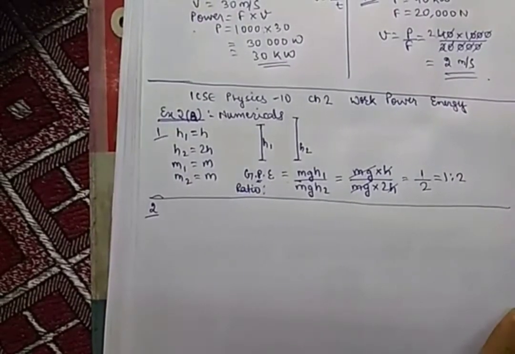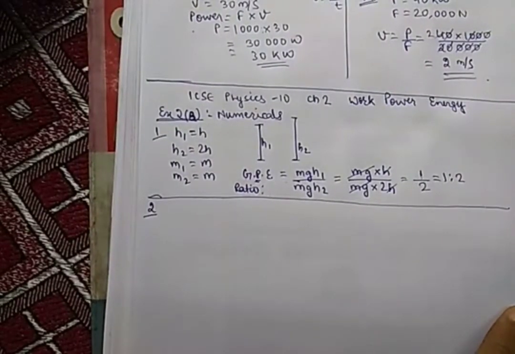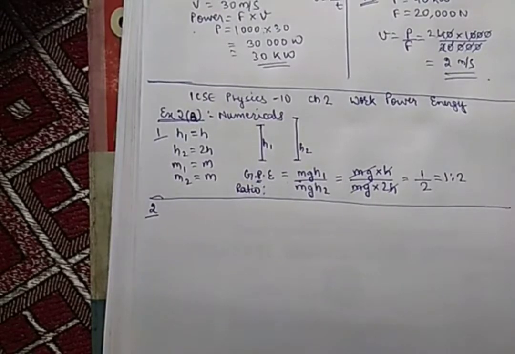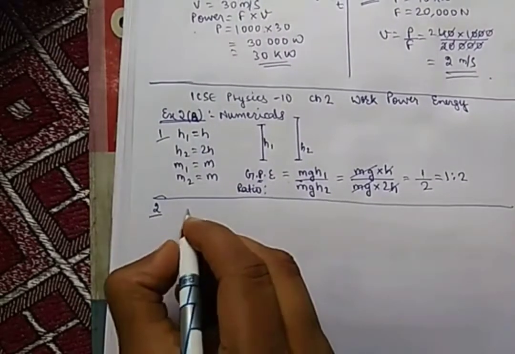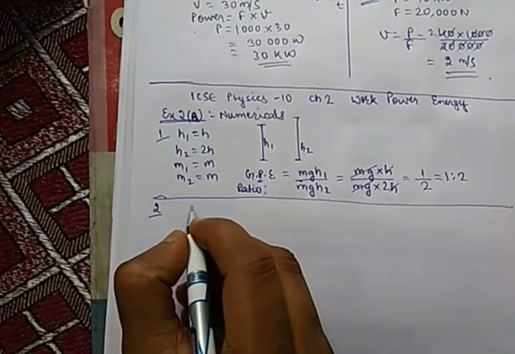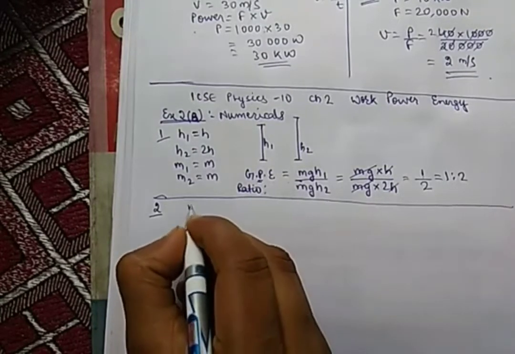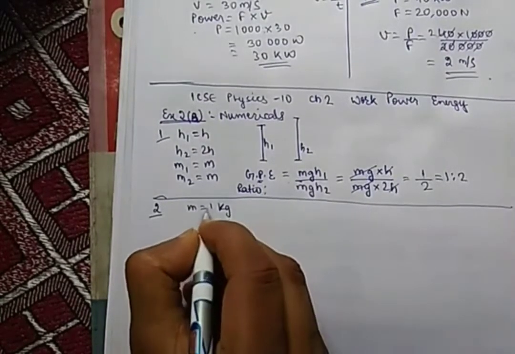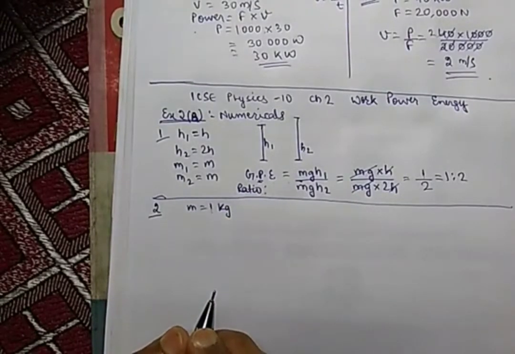Question number 2. Find the gravitational potential energy of a 1 kg mass kept at a height of 5 meter above the ground if g is equal to 10. Simple. What is the data given? The mass is equal to 1 kg.